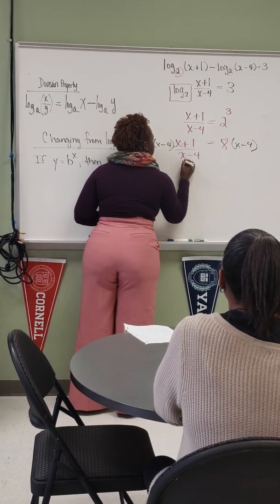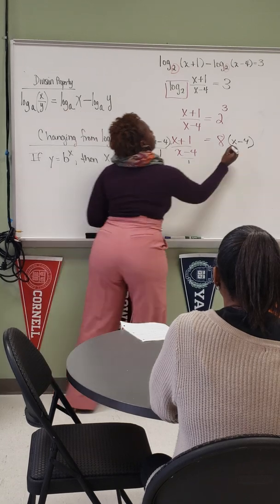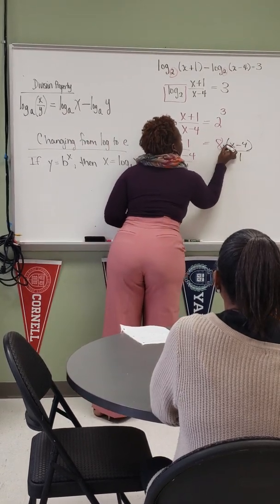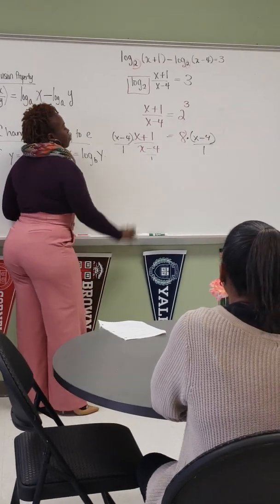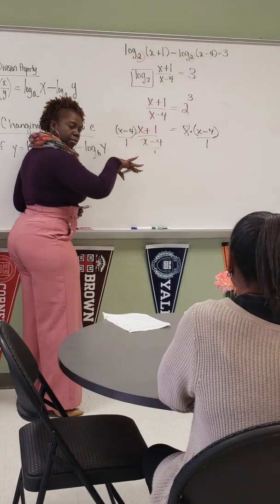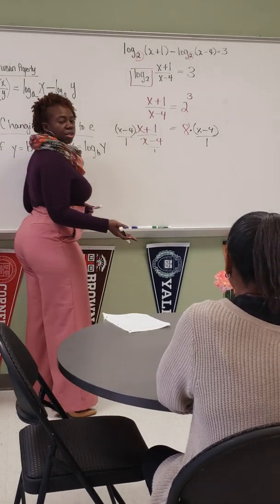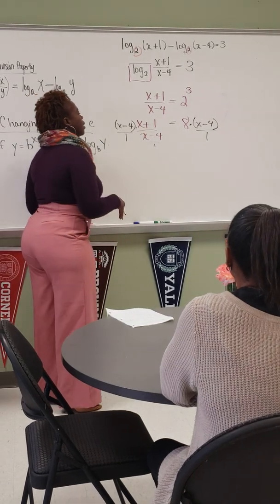This is like an x minus 4 sitting over 1, so I can put it over 1 here, and put this over 1 here. You can tell them when you divide a fraction, you multiply by its reciprocal. Since this is the reciprocal, we're going to multiply that on both sides.